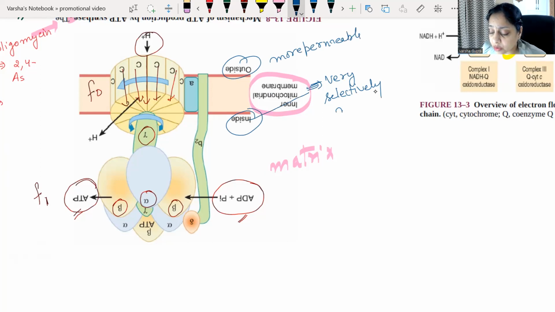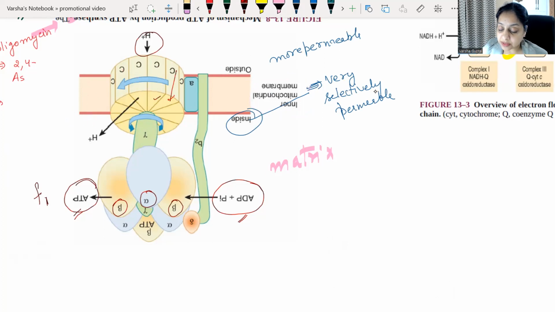But the inner mitochondrial membrane is very selectively permeable. So usually it does not allow protons to pass through the membrane, bypassing the ATP synthase. When do they come? During uncoupling, or maybe when the membrane becomes leaky, then they come.